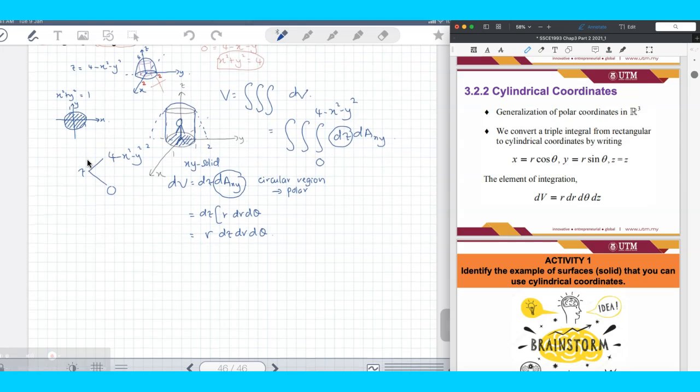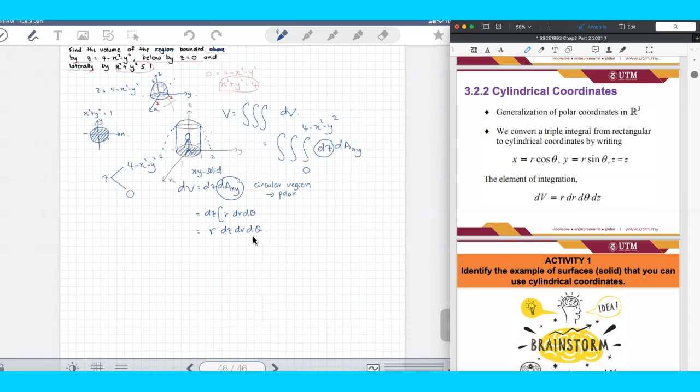Then your dV now becomes dz r dr d theta, or you can have r dz dr d theta. So this is called cylindrical coordinate. Cylindrical coordinate is the extension of polar. But in polar, you just have xy and you just have r and theta, right? But in triple integral, you have r and theta and also z. In cylindrical, z is z. xy you have to convert into polar, which becomes r and theta.